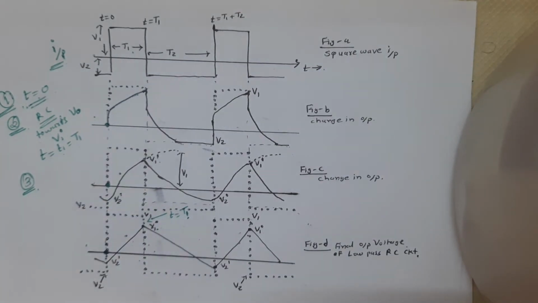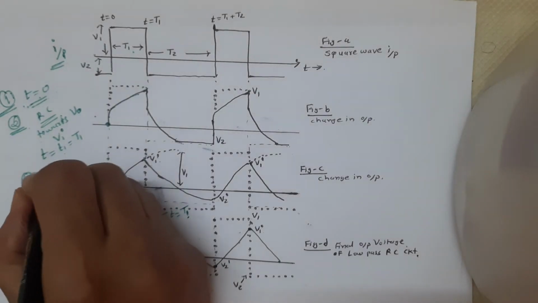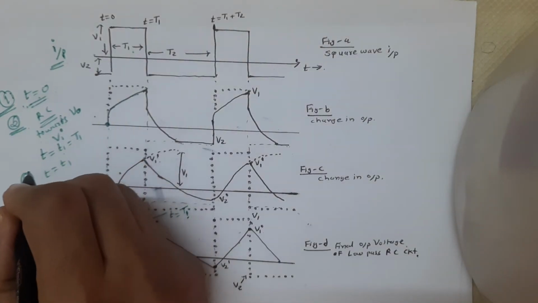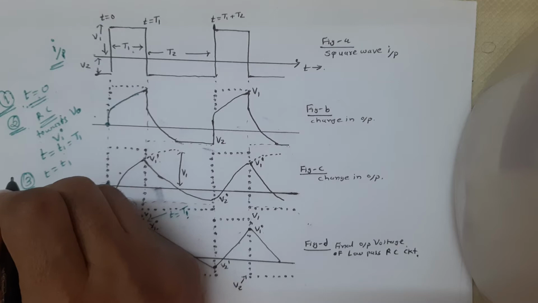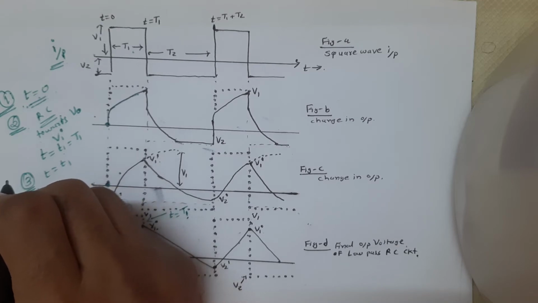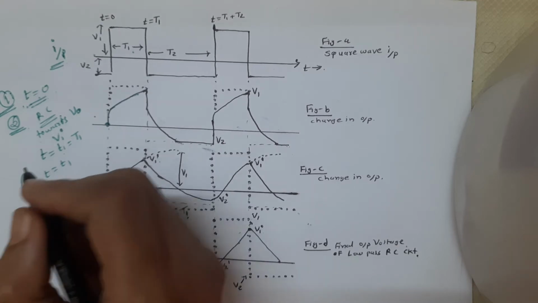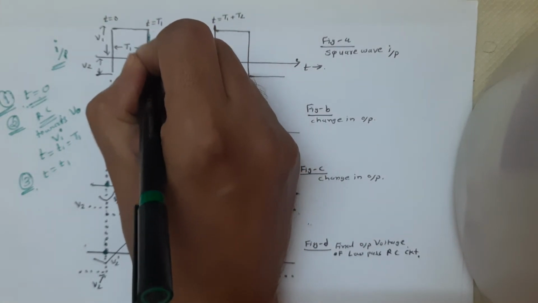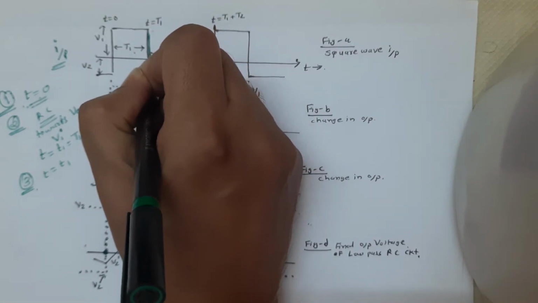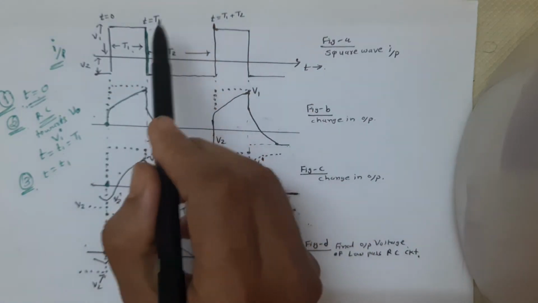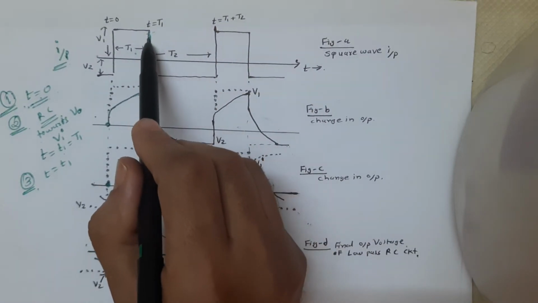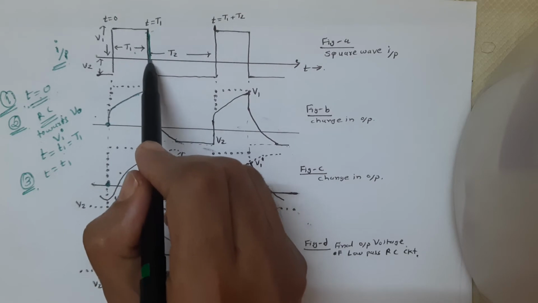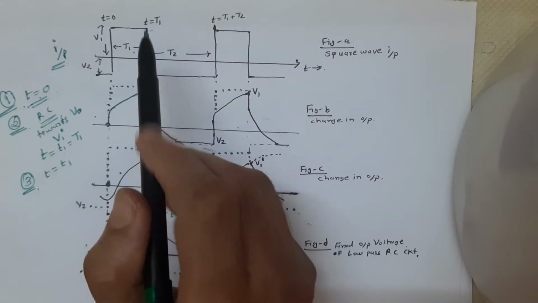Third part: now at t equal to T1, what happens? At that time, a negative step voltage appears at the input. The voltage decreases; instead of high, it moves towards 0 and then to the negative side.